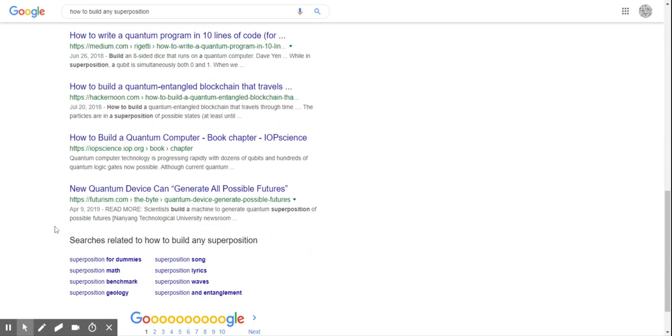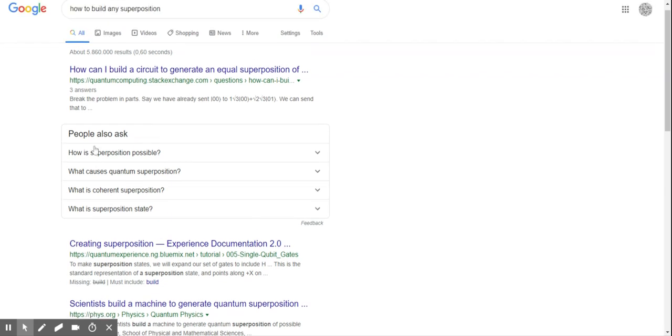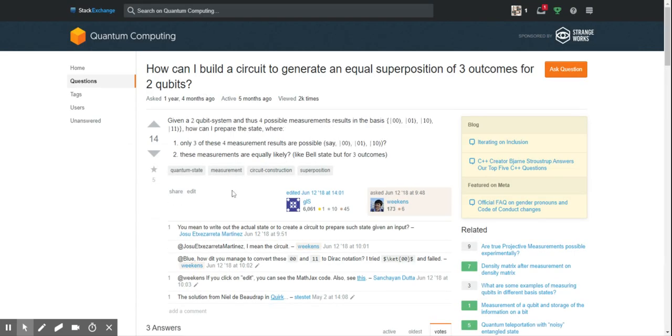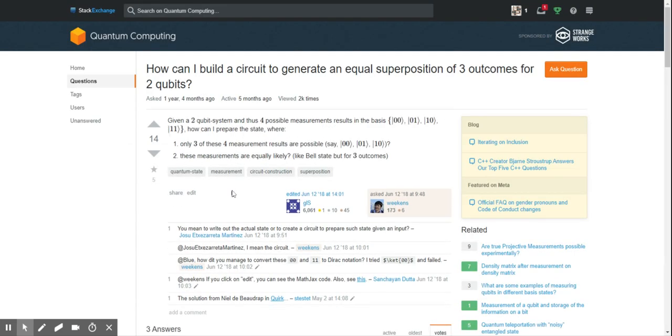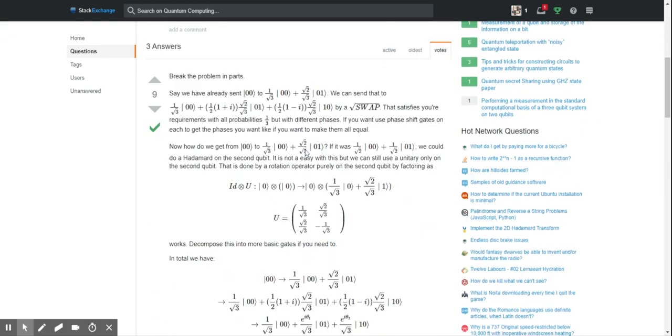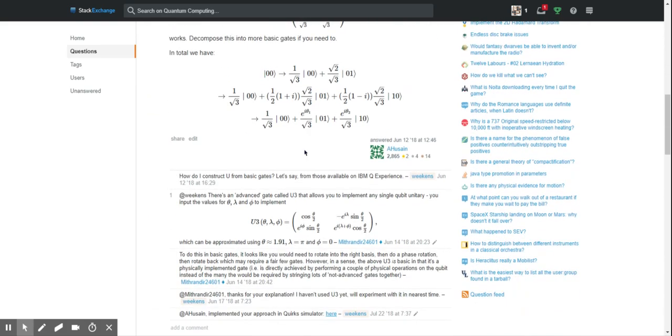Just go away. An equal superposition. It's not an equal superposition that I want. Of 3 outcomes for a qubit. Okay, so given a 2-qubit system with these 4 possible measurements, only 3 of these measurements are possible.